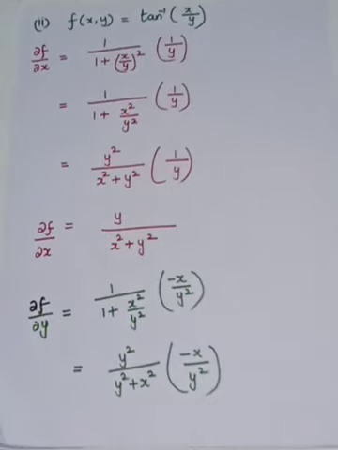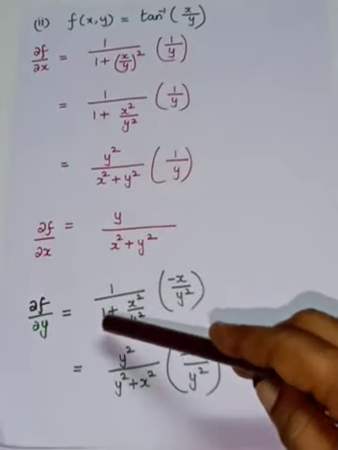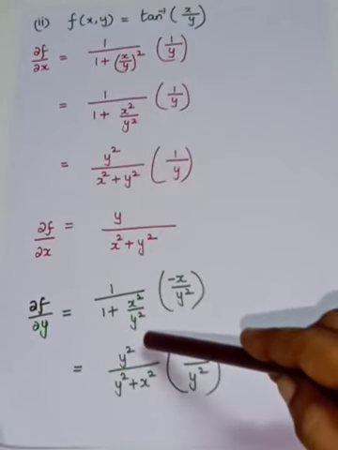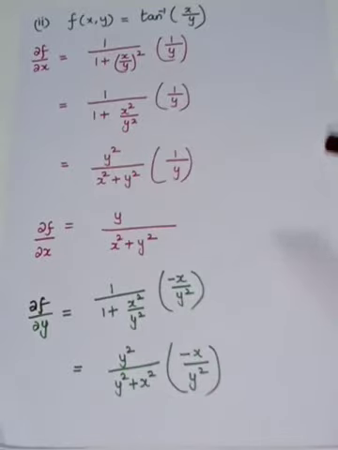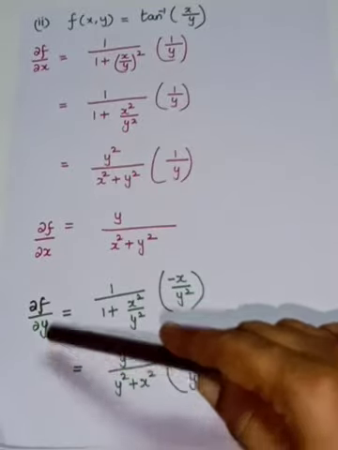In the same way you go for dou f by dou y. First term, tan inverse of x by y. The differentiation of tan inverse of x is 1 by 1 plus x squared, so here 1 by 1 plus x squared by y squared. Then x by y has to be differentiated partially with respect to y.